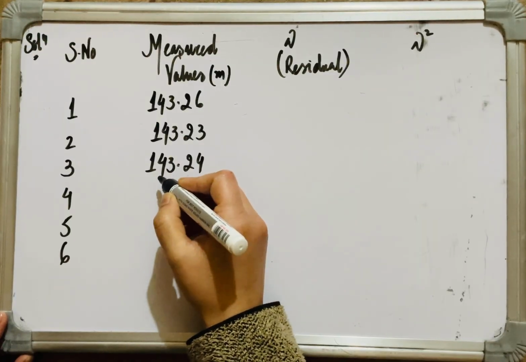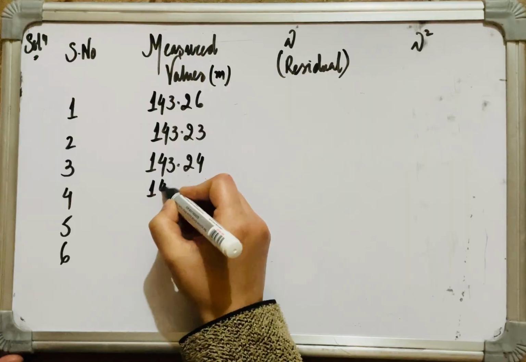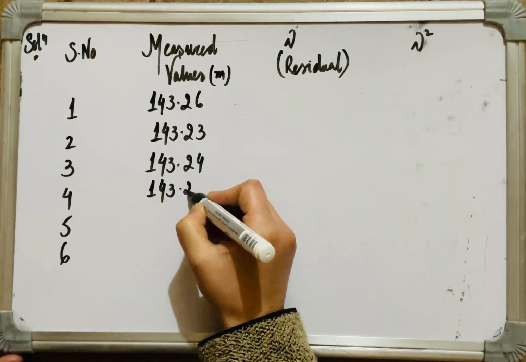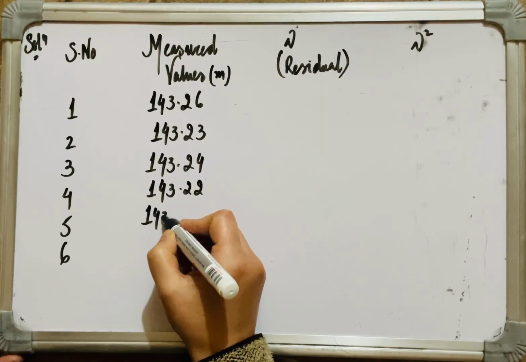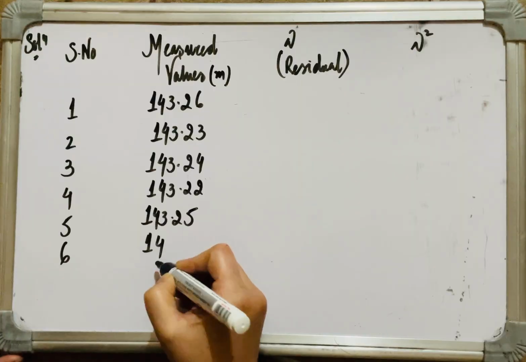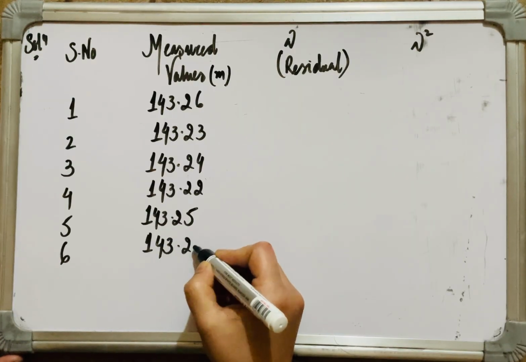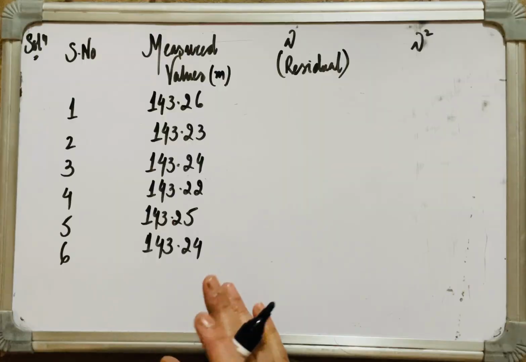The fourth one is 143.22 meters. Fifth one is 143.25 meters, and the last one is 143.24 meters. All right, these are the values of the baseline of a triangulation survey, which were measured 6 times.